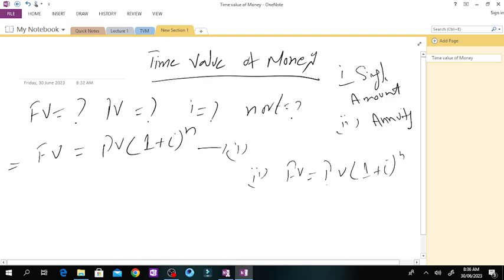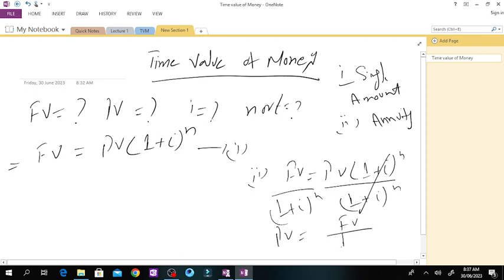Now we are going to find present value, so we will just follow basic mathematics steps. (1 plus I) power n on both sides, you will cross it, and then what you are getting is present value equals future value divided by (1 plus I) power n. This is the second formula, the formula of present value.